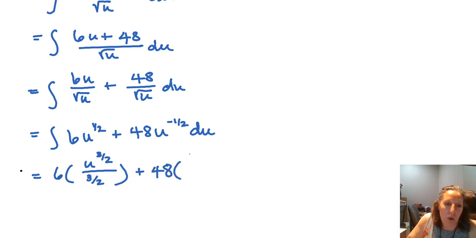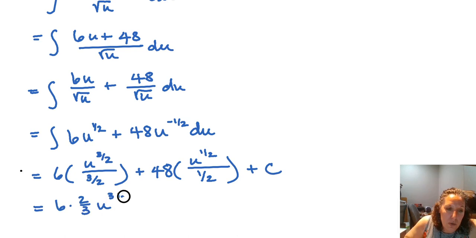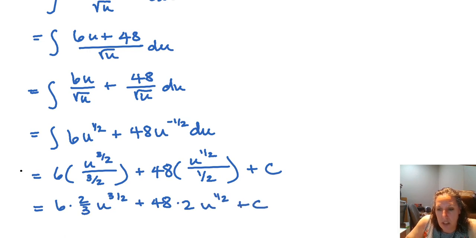And then we're going to have 48 times u to the negative 1/2 plus 1, which is u to the positive 1/2 divided by 1/2, plus c. Dividing by a fraction is the same thing as multiplying by its reciprocal. So this is going to be 6 times 2/3 u to the 3/2. And 48 times the reciprocal of 1/2 is 2 u to the 1/2.